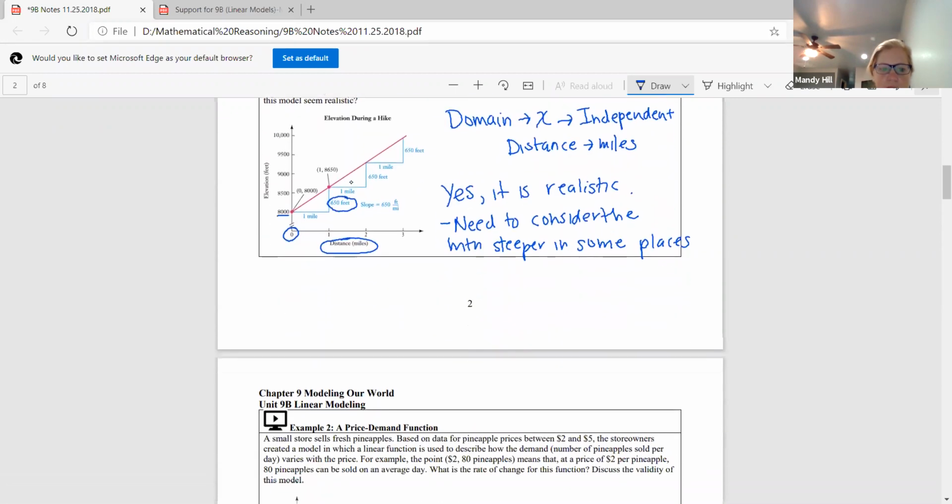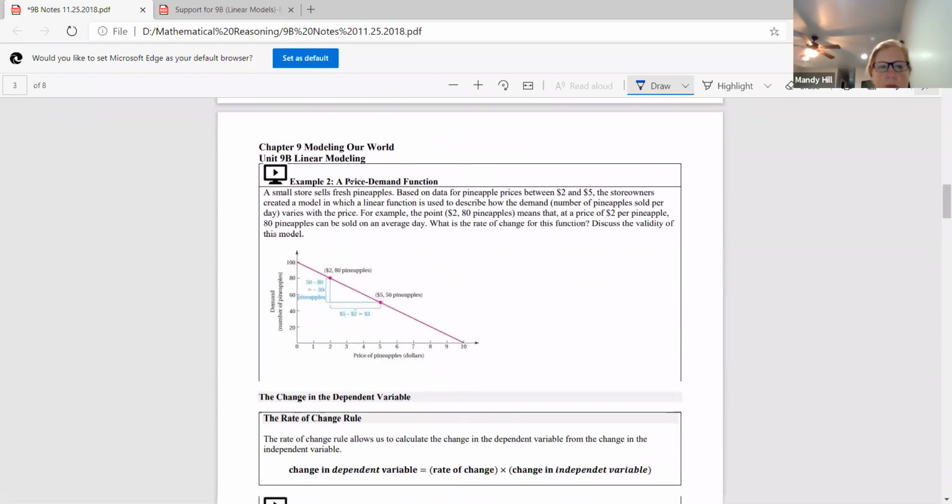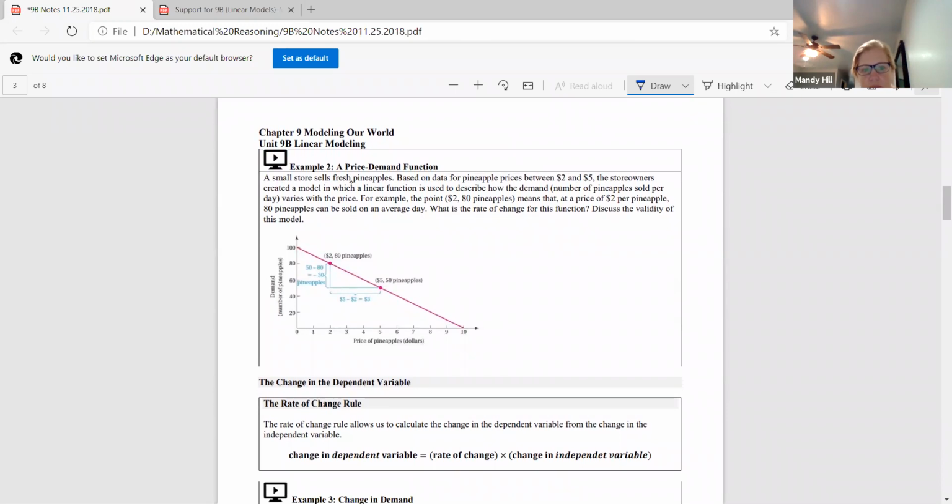Okay, let's look at example 2. A small store sells fresh pineapples. Based on data for pineapple prices between $2 and $5, the store owner created a model in which a linear function is used to describe how the demand, or the number of pineapples sold per day, varies with the price.